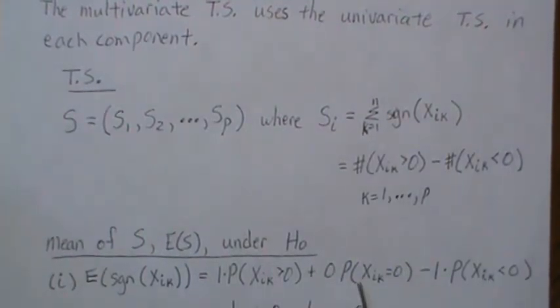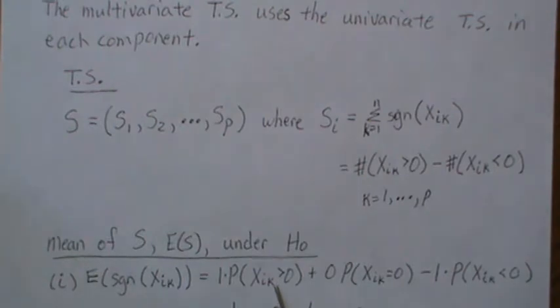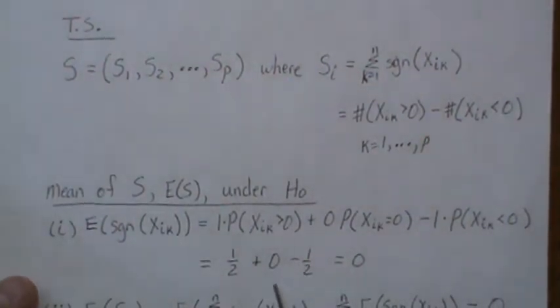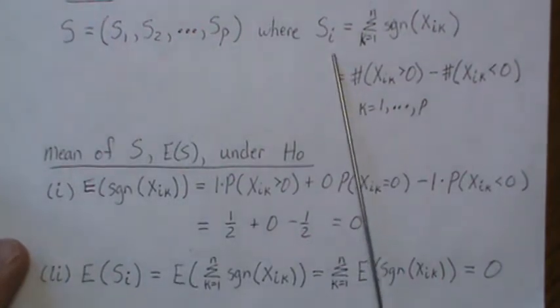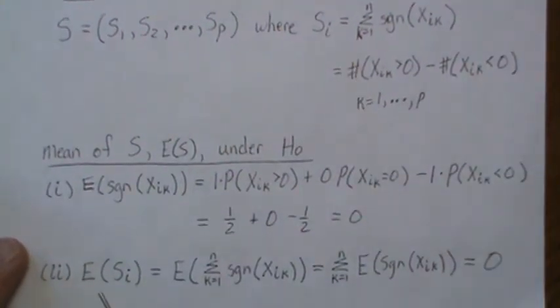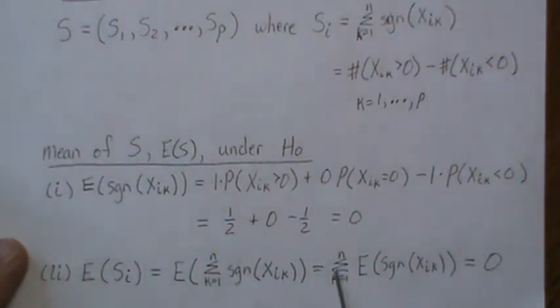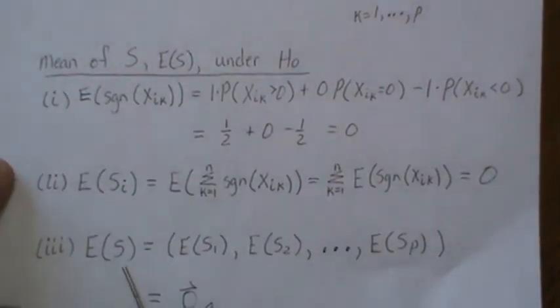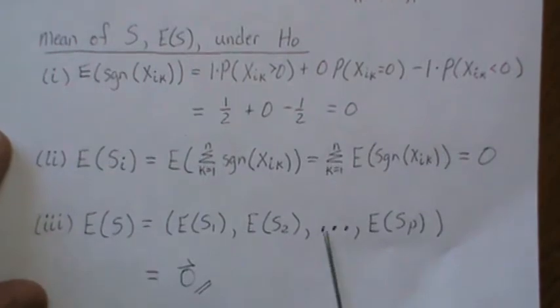Well, this is 0, and the probability that we're greater than 0 under the null is 1/2, and this is -1/2. So the mean of a sine function is 0. So that means if we look at a component, the mean of S_i is going to be the mean of the sum of those, which then you can take in the expectation, and that's 0. The sum is 0. So that tells us that the mean of our test statistic S is 0. It's the 0 vector.